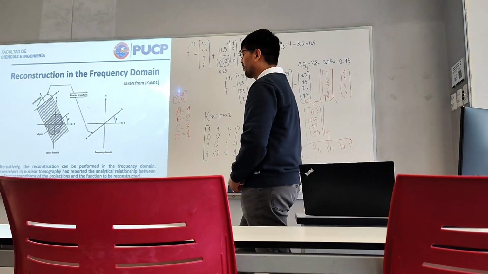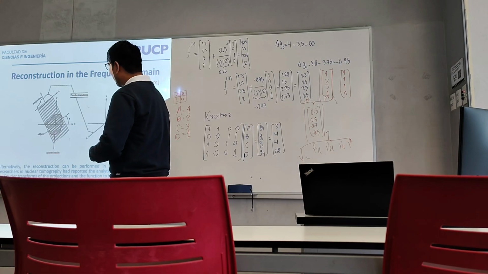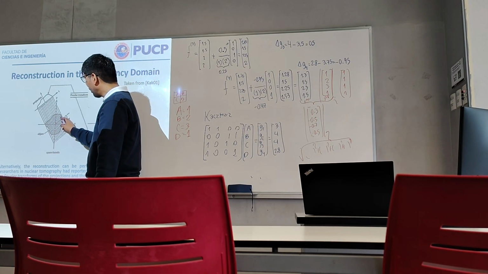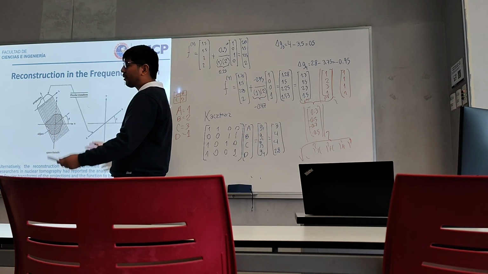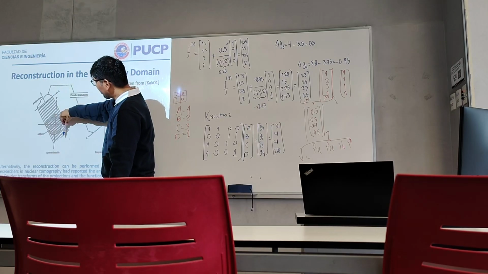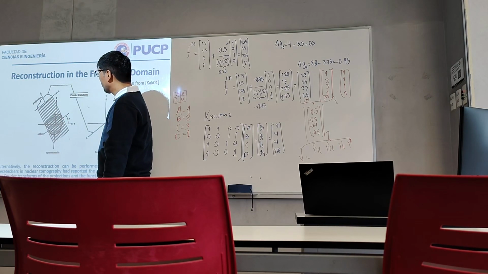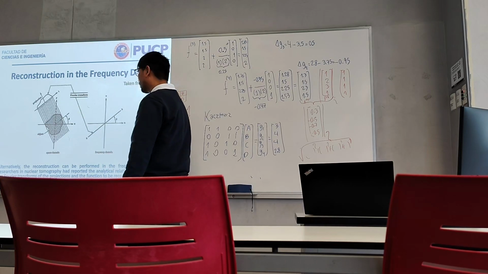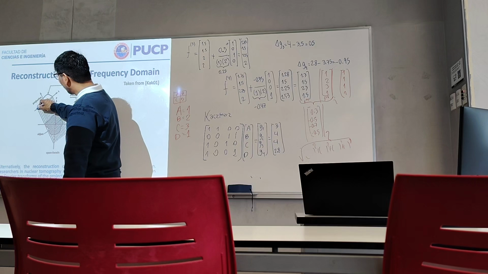Okay, so this plot is saying that we have one object with some distribution of attenuation. We have many rays that reach the projection domain, and we will have a curve.